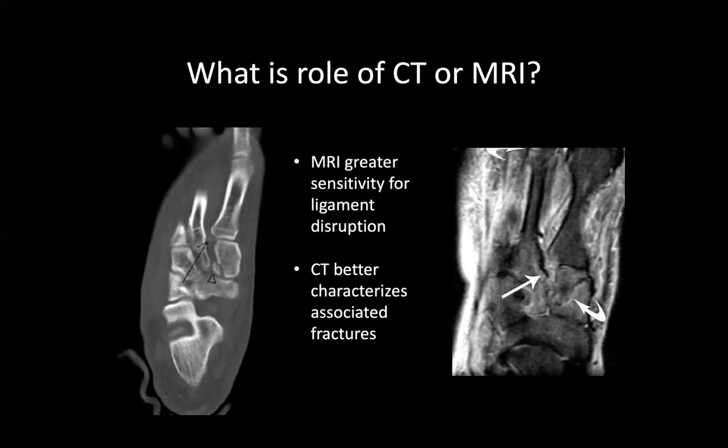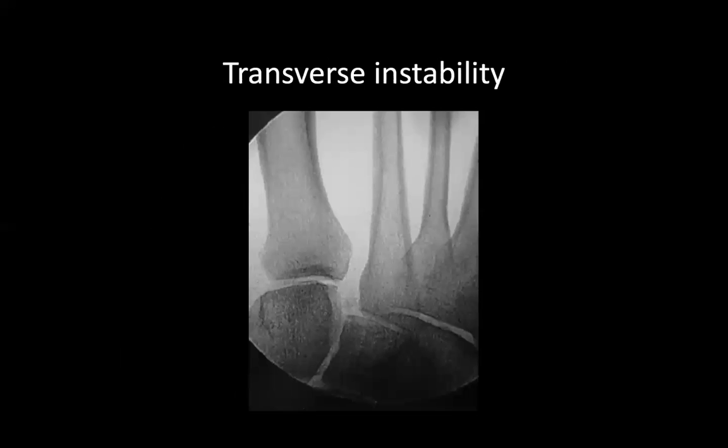But I use CT a lot. If I see anything on the x-rays that suggests there might be a fracture, then I'm more likely to go down the CT route. It has a lot of advantages for characterizing the bony injury, easier to read, easier to obtain than MRI, but it's just not quite as sensitive as an MRI with a really good musculoskeletal radiologist.